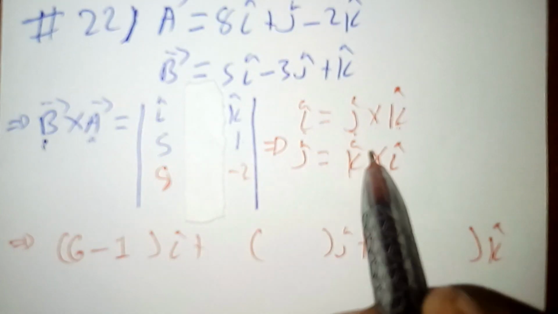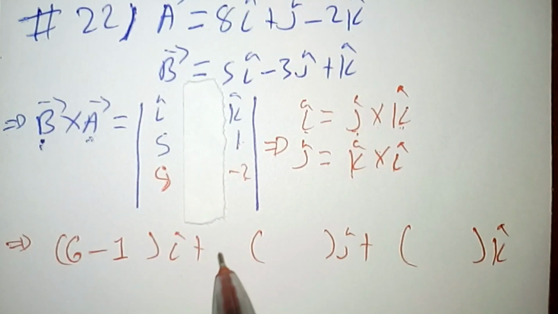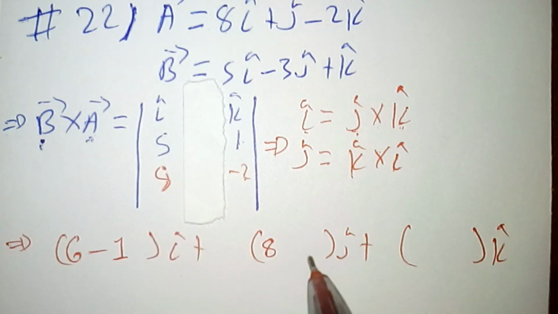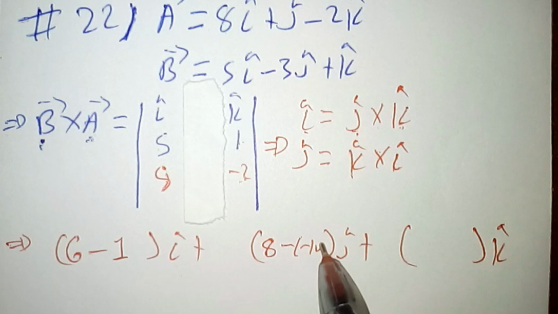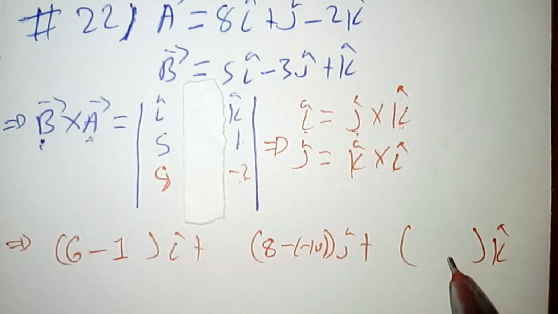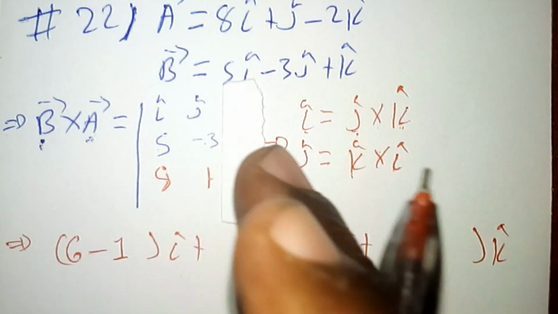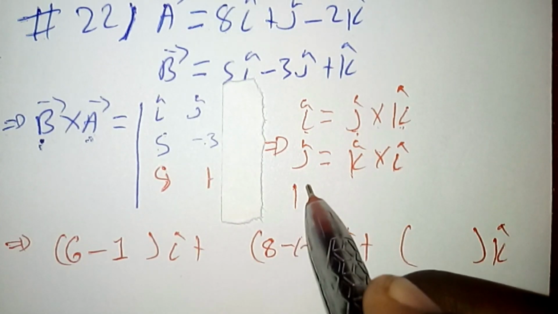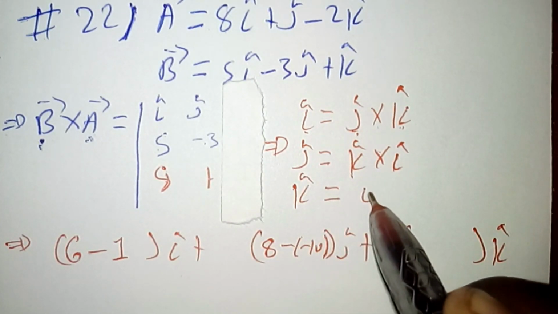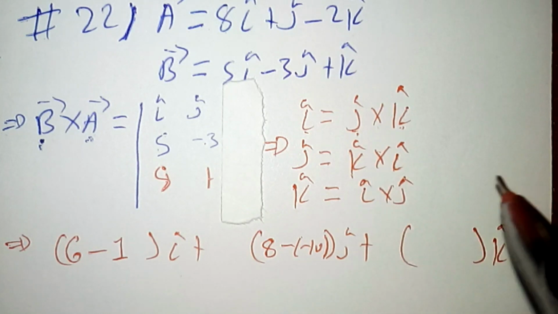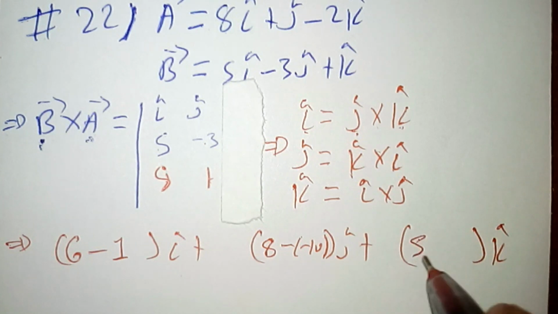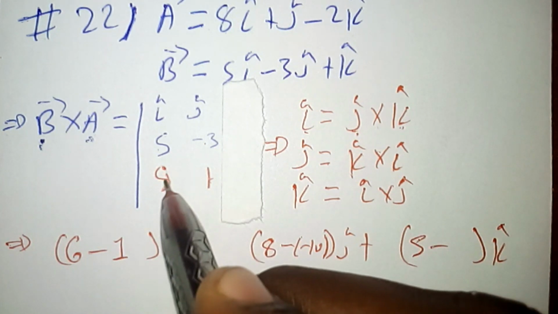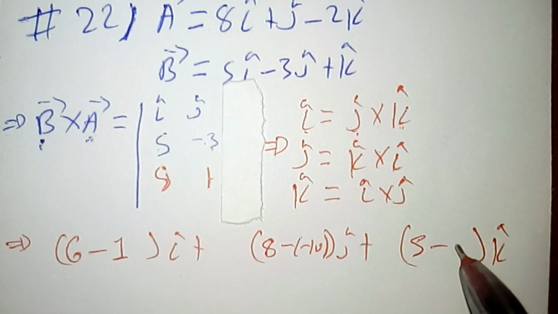That is, k cross i means 1 times 8, which is 8, and minus of 5 times minus 2, which is minus 10. Minus 10. And for the k terms, I cover these parts, and k is always equal to i cross j. Then i cross j is 1 times 5, which is 5, and minus of 8 times minus 3, that is minus 24.